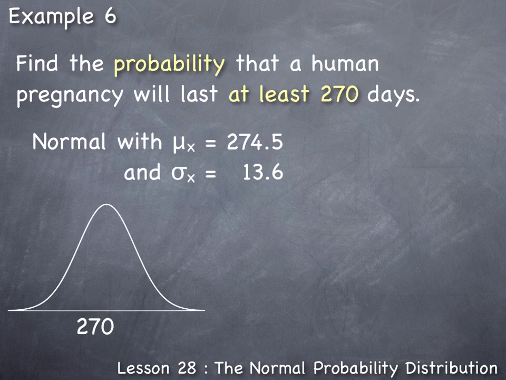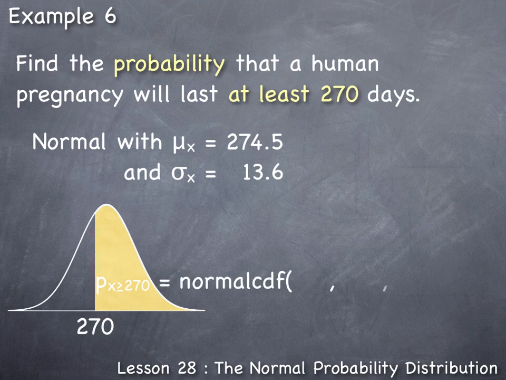So here we're finding the probability that the random variable x, or duration of a human pregnancy, is greater than or equal to 270. When we're given a value with a particular random variable, in this case 270 days, and we're asked to find the probability, we can use the normal CDF command to do that.